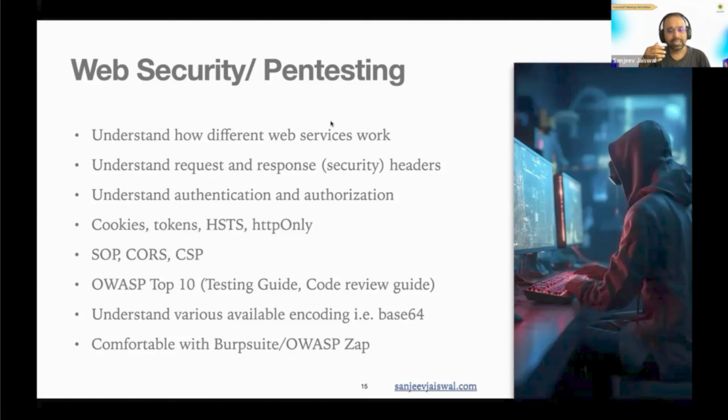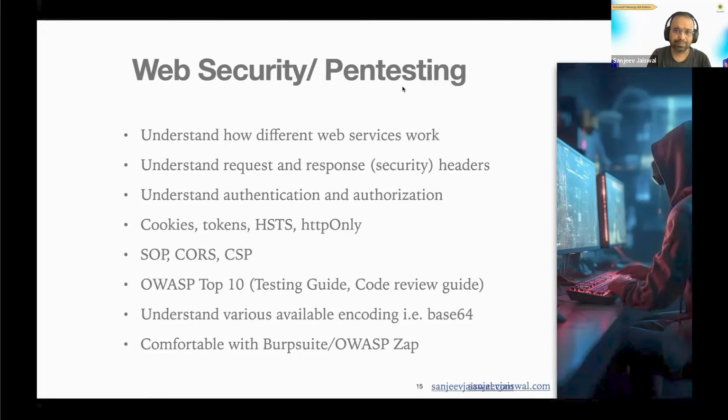And try to understand the various available encodings. Base64 is just the common one. And it's not just about encoding; I'm talking about hashing, encryption, all the things. Understand what RSA is, where it is used, and what Diffie-Hellman key exchange is. Understand what MD5 is. What is the problem with MD5? Why are people using, let's say, SHA-256 or anything now?